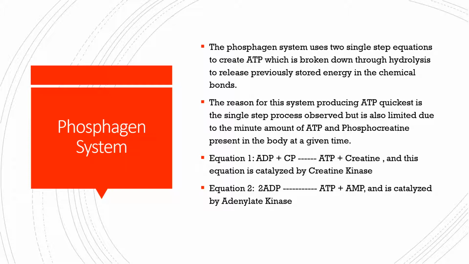For that reason, the duration of the PCR system is usually 1 to 10 seconds primarily. The first primary equation uses ADP and creatine phosphate to break apart creatine phosphate and add one phosphate to ADP to create ATP plus creatine. This equation is catalyzed by creatine kinase.